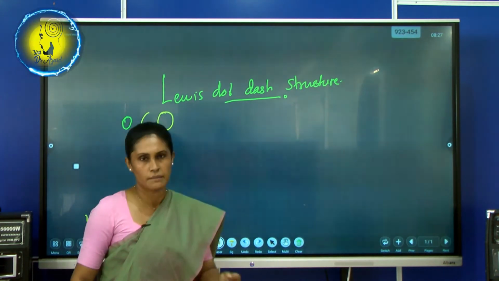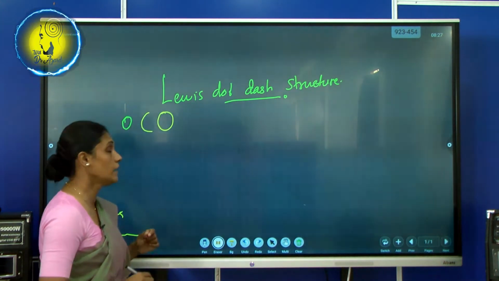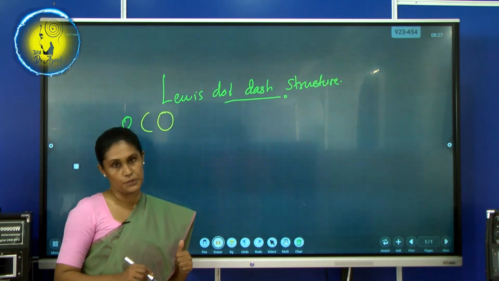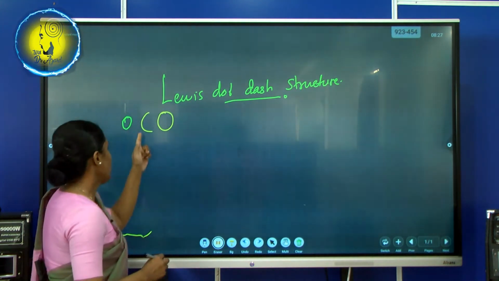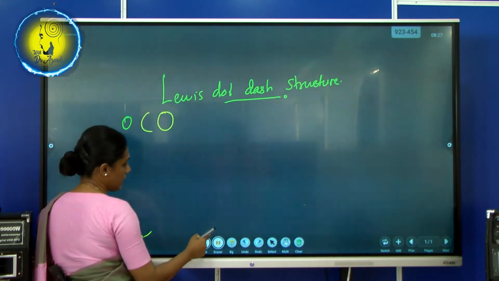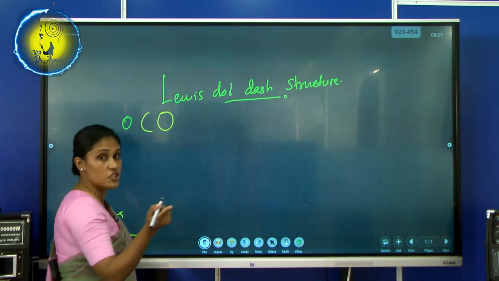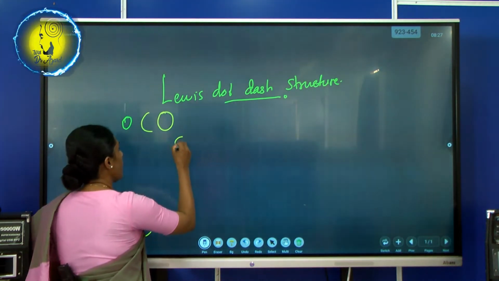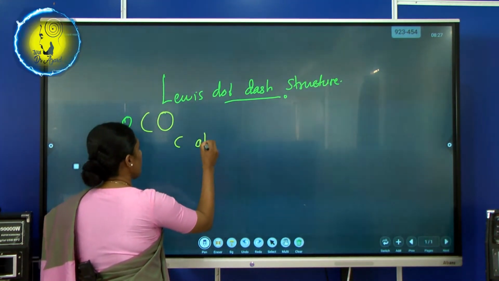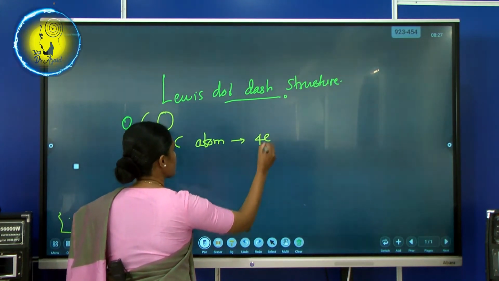First of all, as a beginner, we are going to identify the valence electrons, right? Now here we have a carbon atom. So we'll see how many electrons are there in the valence shell of carbon. In the carbon atom, you can find how many? 4 electrons.